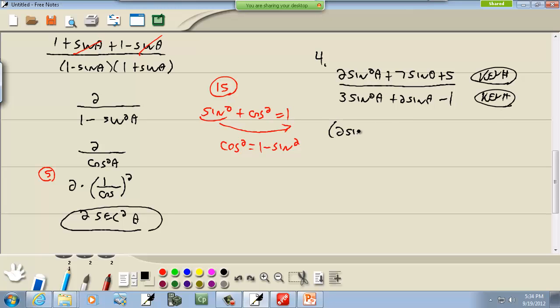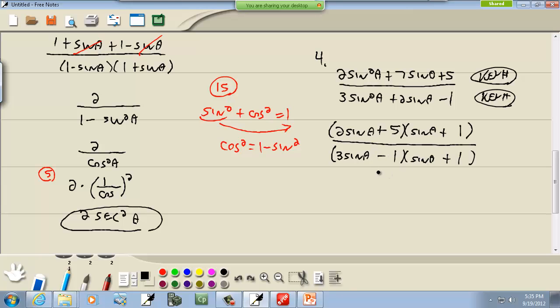The top part factors as 2 sine theta plus 5 times sine theta plus 1. I guess both of them are plus. The bottom part factors with a plus and a minus.